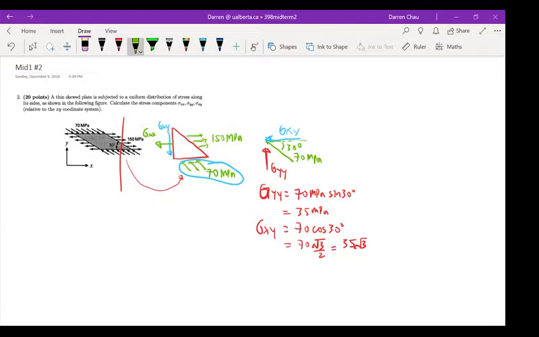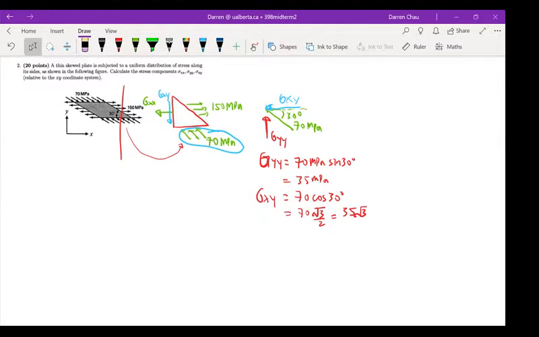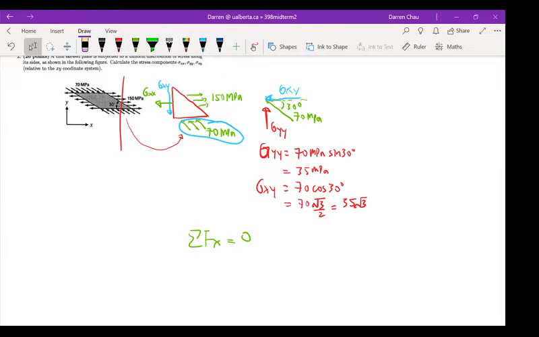In the beginning of the video, I mentioned using the force equilibrium equation. This is actually being used to calculate the normal stress in x direction. So sum of force in x direction equals 0. Keep in mind that pressure equals force divided by area.